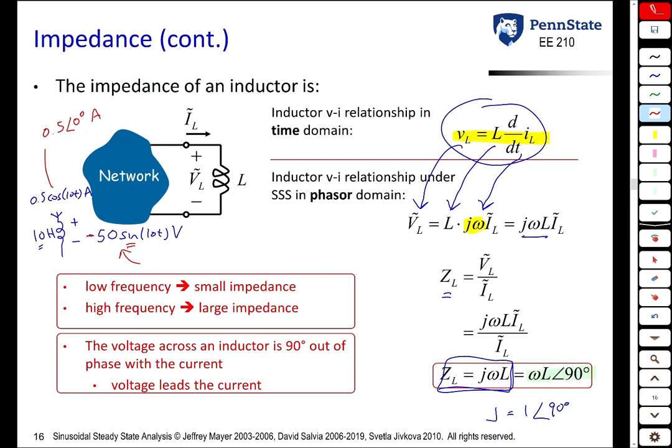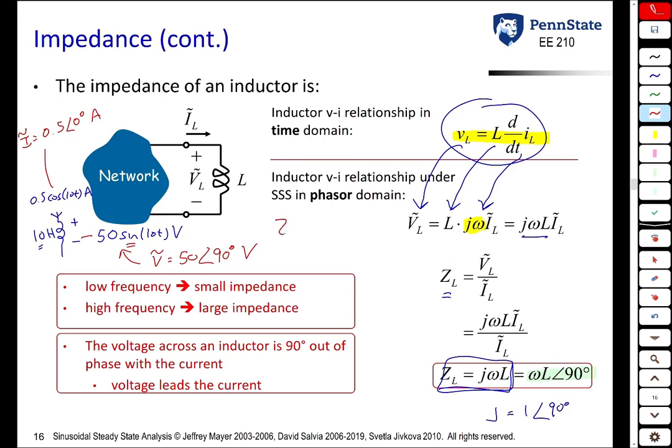So converting sine to cosine, we have a negative 90 degrees, but then we have another 180 degree difference because of this minus sign here. And so the voltage phasor is going to be 50 at plus 90 degrees volts, whereas the current phasor is 0.5 at an angle of 0 degrees amps.